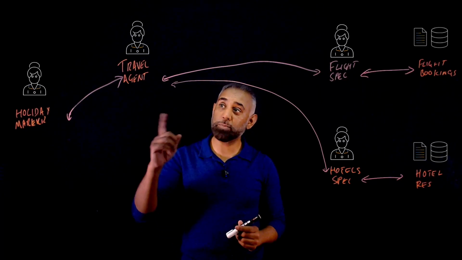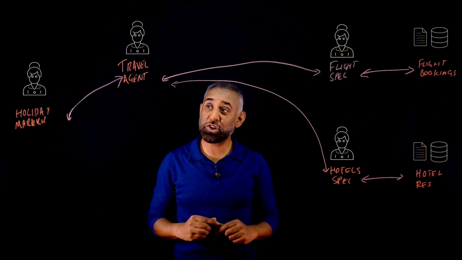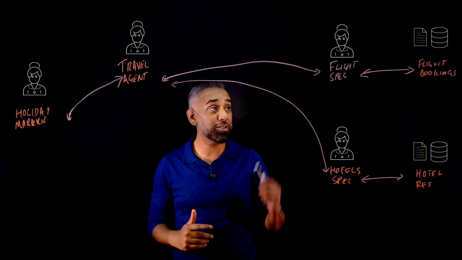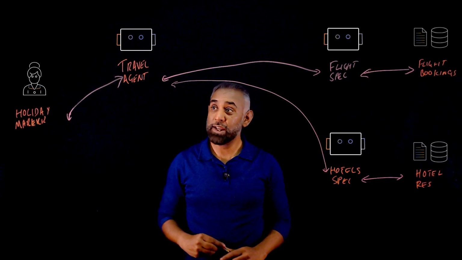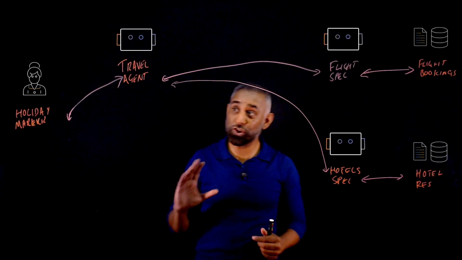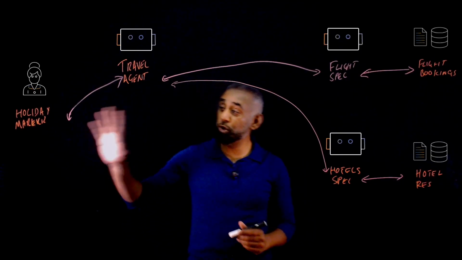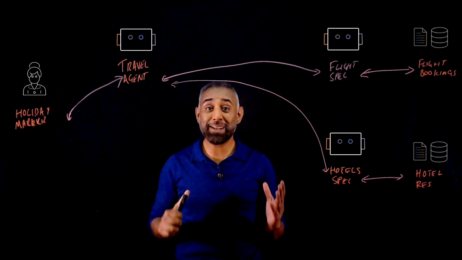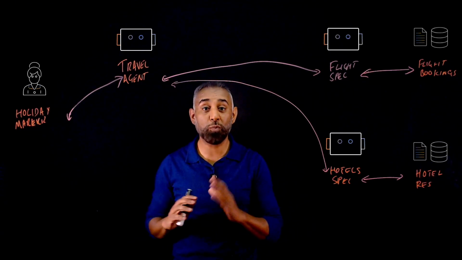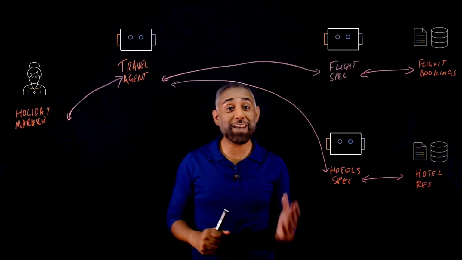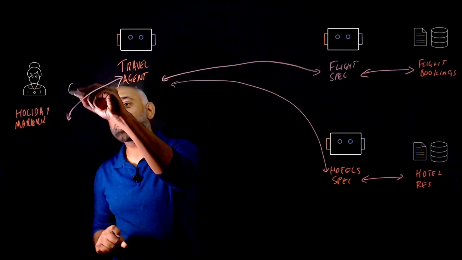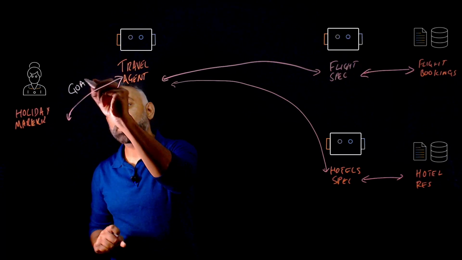Now, what if we swapped out each of our specialists here, the travel agent, the hotel specialist, and the flight specialist, with AI agents? We could utilize AI agents to communicate with the holiday maker to collect the information in terms of what is the outcome that the holiday maker wants, what is that goal. So that information is being collected right here.